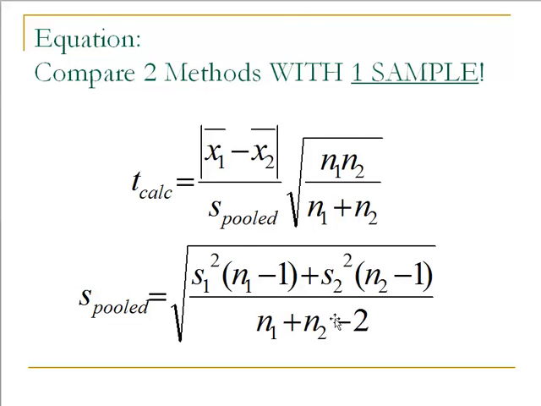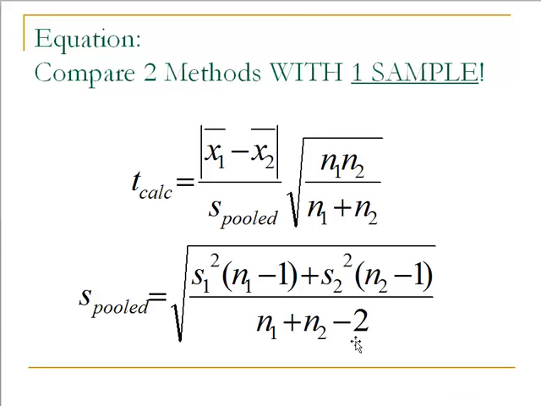Divided by number of measurements from your first plus the number of measurements from your second minus 2. Again, think degrees of freedom there, right?